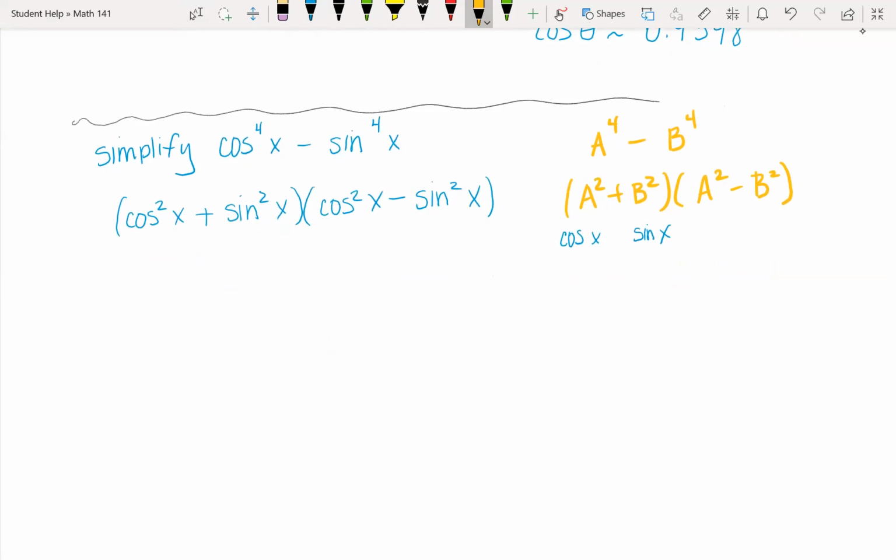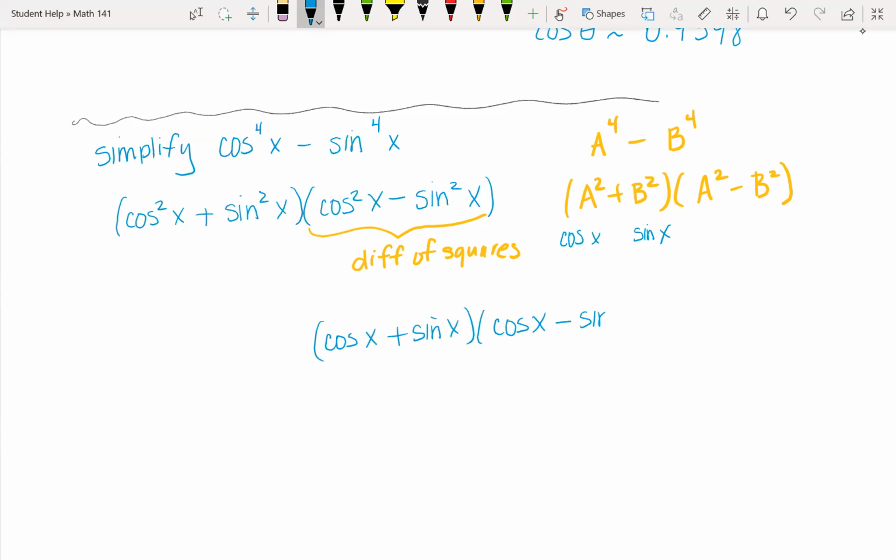Well, this is another difference of squares again, so we can repeat that process. And this becomes cosine of x plus sine of x and cosine of x minus sine of x.